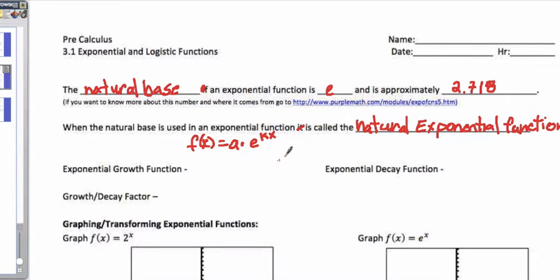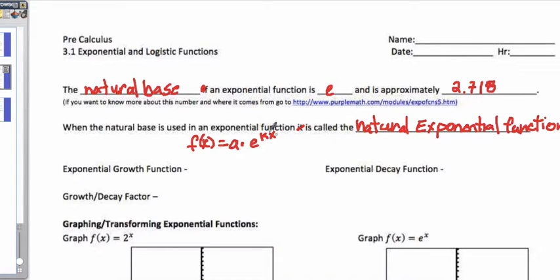Okay, so here's what that looks like. And notice that our b, it's the natural base, so our b just disappeared and we put an e, and that e is a constant. Okay, it's not changing, it's always going to be this number. Okay, so exponential growth. Well, if this e isn't changing, the growth isn't going to depend on it. In the previous examples, I showed you that the growth is when b is greater than 1. Well, e is not going to change.